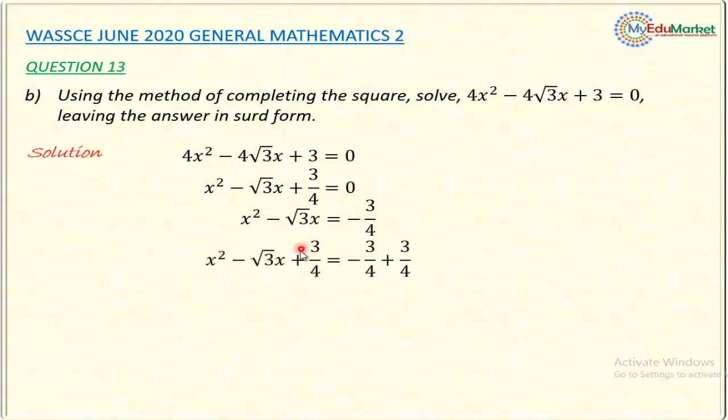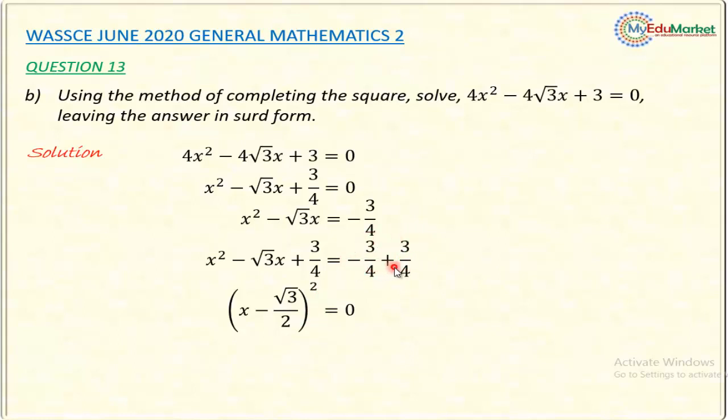So adding 3 over 4 to the left hand side, adding 3 over 4 also to the right hand side. Now the left hand side is a perfect square expression. So I can now write it in this form: something raised to the power of 2, and minus 3 over 4 plus 3 over 4, the answer will simply be 0.